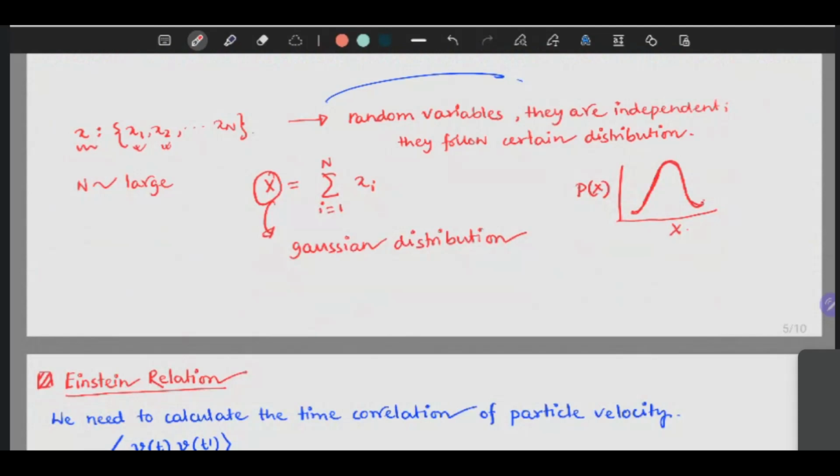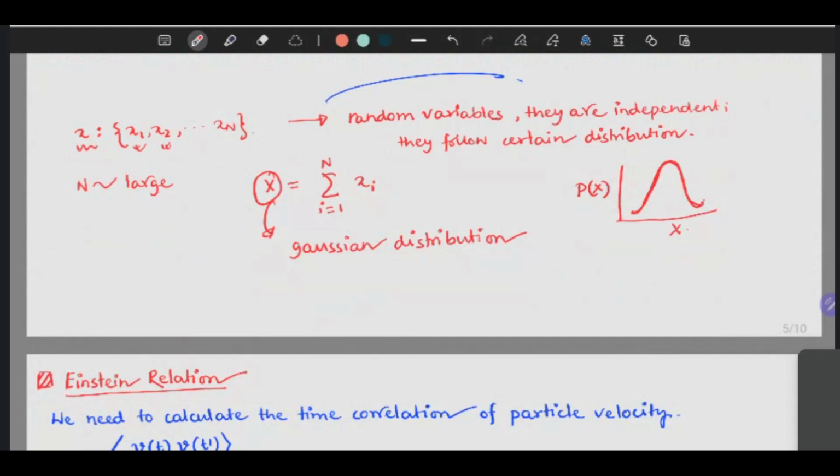a. So then it becomes v0 squared e to the power minus 2t by tau_v plus e to the power minus 2t by tau_v divided by m squared, integral from minus infinity to t dt1, and this integral from minus infinity to t dt2 a delta(t1 minus t2).